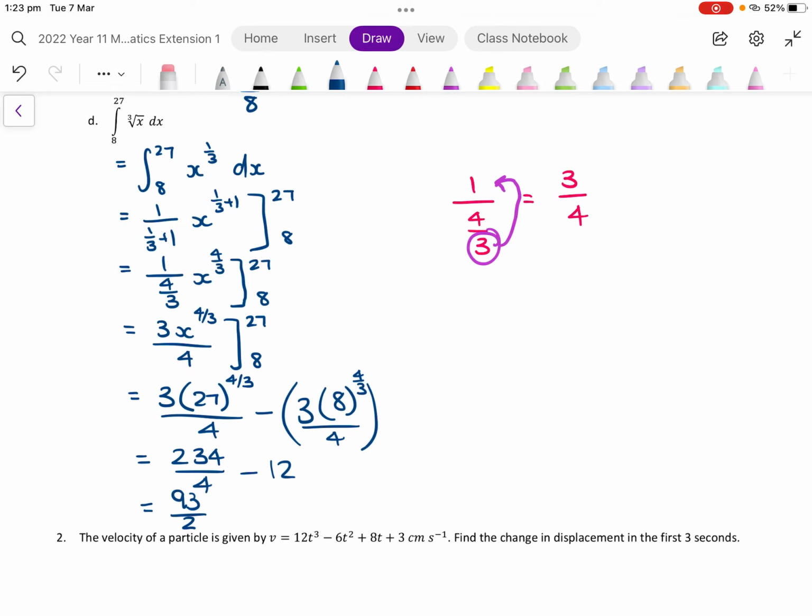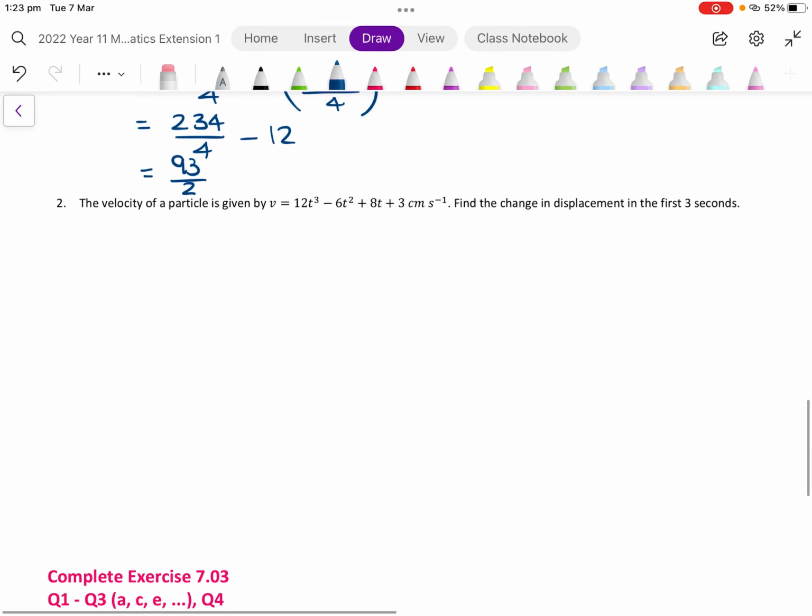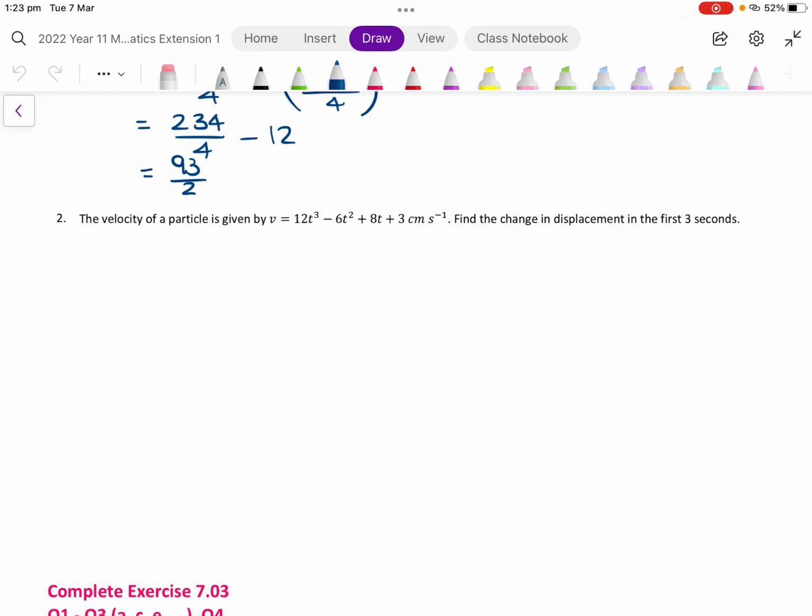Okay, our last example here is when we have the velocity of a particle is given by v equals 12t cubed minus 6t squared plus 8t plus 3 centimeters per second. We want to find the change in displacement in the first 3 seconds. Now we need to remember that our relationship between displacement and velocity is that velocity is our derivative of our displacement of x.